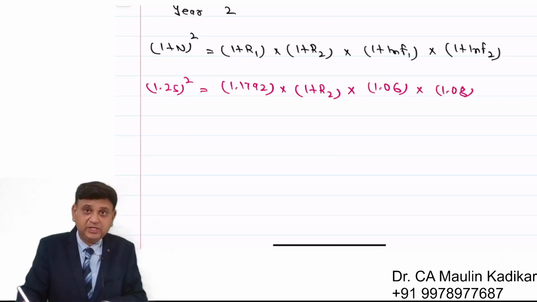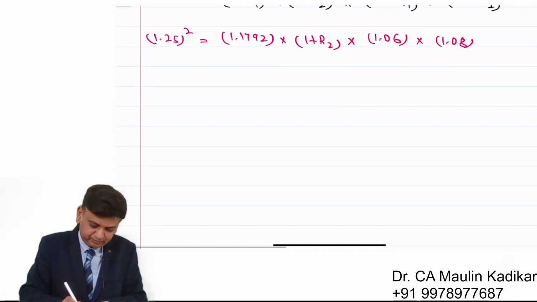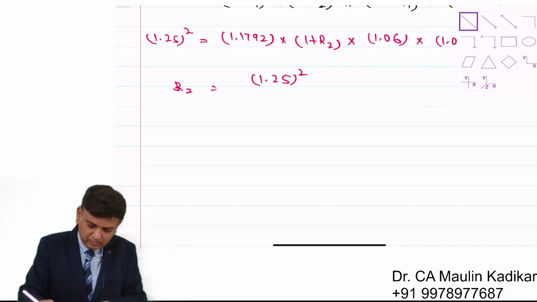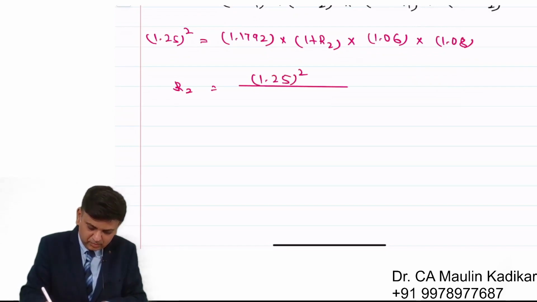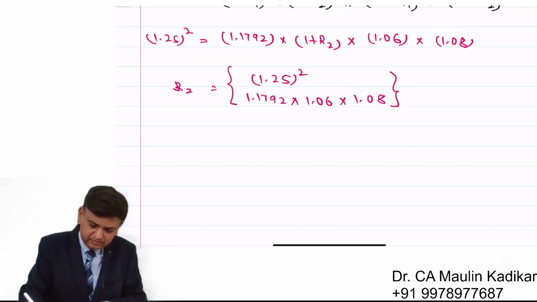Second year inflation rate is 8%. 1.1792, 1.06, 1.08, whole minus 1.